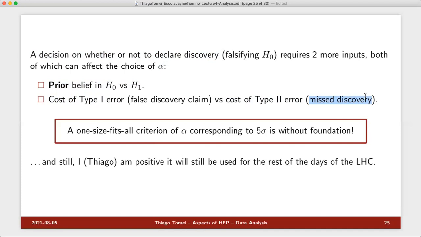What do we do in the LHC? We have what's called a thumb rule. We have a criterion. To put a limit on something beyond the standard model, we ask for 95% confidence level, which is more or less 2 sigma, right?